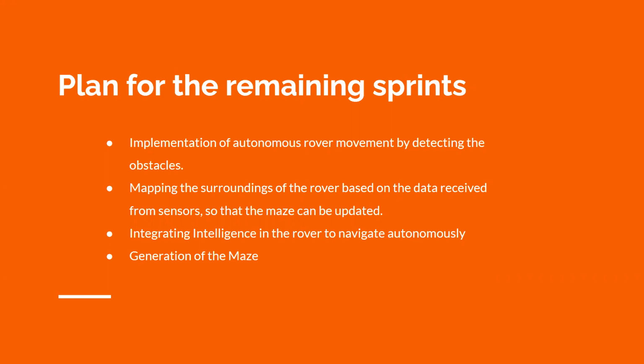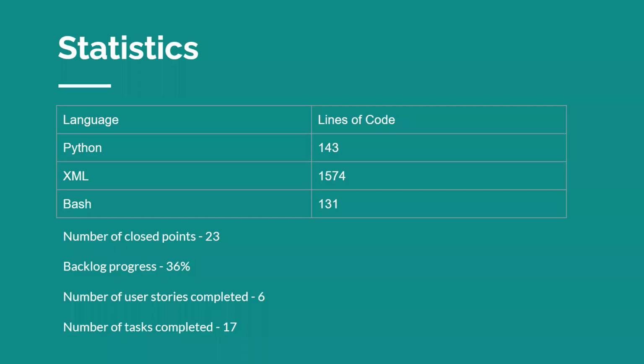So we should basically have some sort of intelligence so that the rover can make decisions as to which is the best direction to move in after it faces an obstacle, so that it moves through the map in an optimum way. And finally is the generation of the maze. The rover should be able to generate the maze at the end of the traversal.